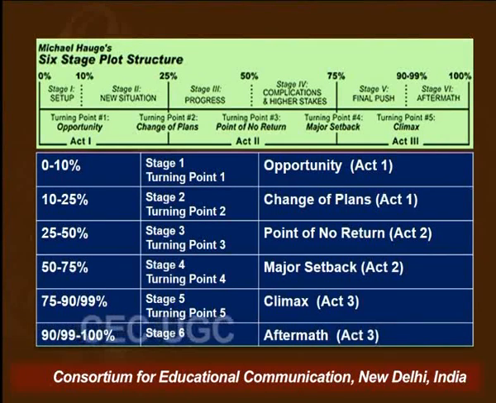We have covered setup, new situation, progression, complications. Till here we have completed turning point 1, turning point 2, turning point 3, and we have finished up to turning point 4, which is all about major setback.